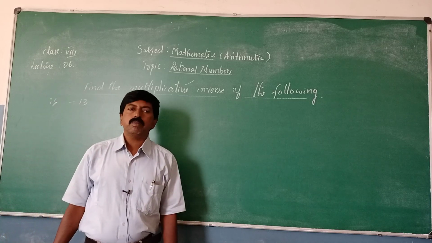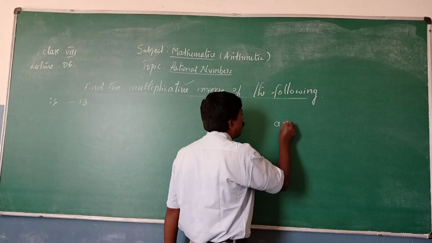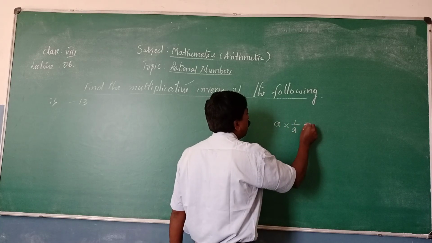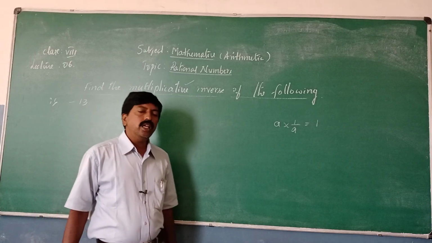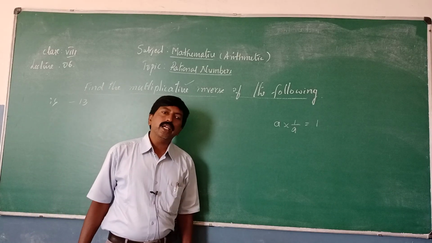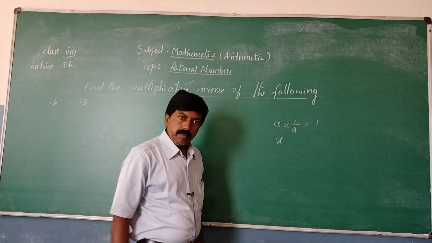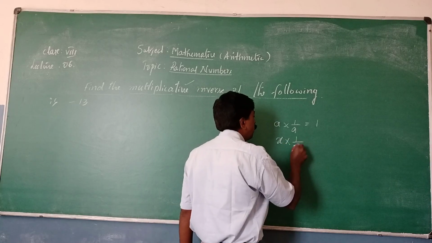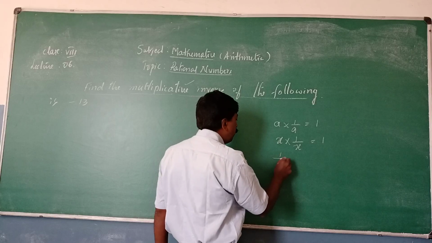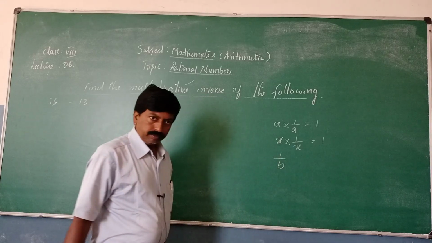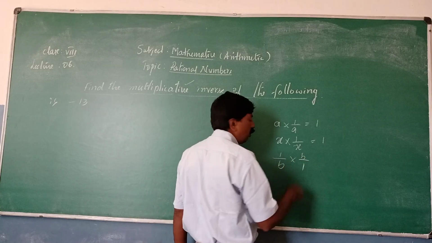At the time of explanation, I gave that if A is a number, its multiplicative inverse is 1 by A, because its product is 1, and 1 is the multiplicative identity element. Suppose X is a number, its multiplicative inverse is 1 by X. Suppose 1 by B is a rational number, its multiplicative inverse is B by 1.